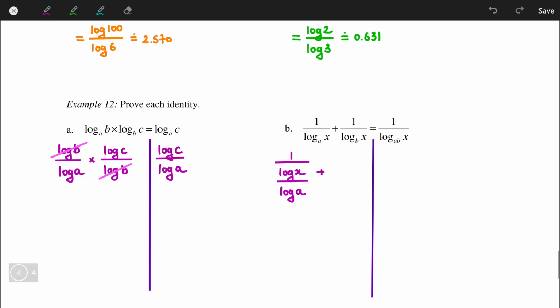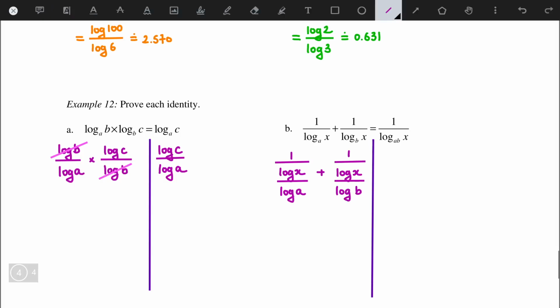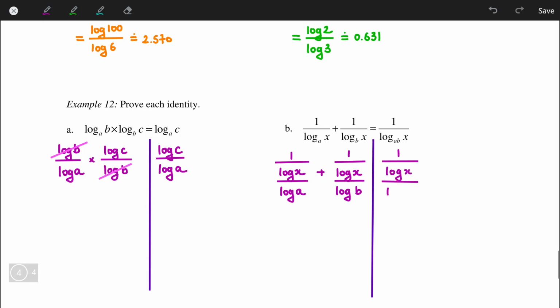Second term on the left-hand side, we can again expand and rewrite as 1 over log x over log b. The right-hand side, similar idea. We can rewrite that as 1 over log x over log of ab, or just ab.